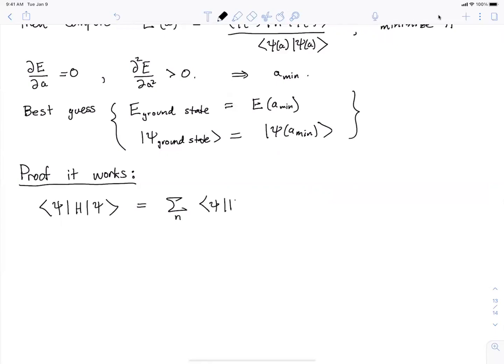And so we're going to include a complete set of energy eigenstates. Okay, the Hamiltonian is an observable, so we know that we can do this by definition. And now the point is that the Hamiltonian acting on our E sub n is equal to E sub n. So we rewrite this by just pulling out that number.